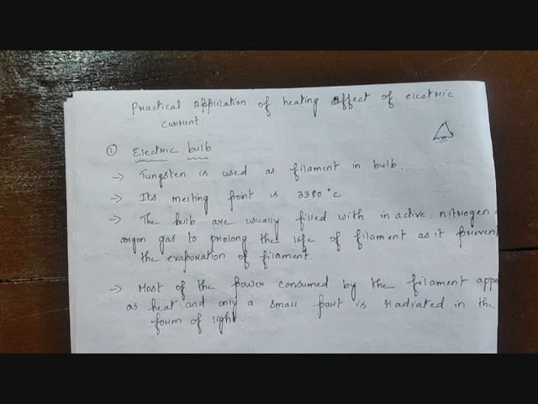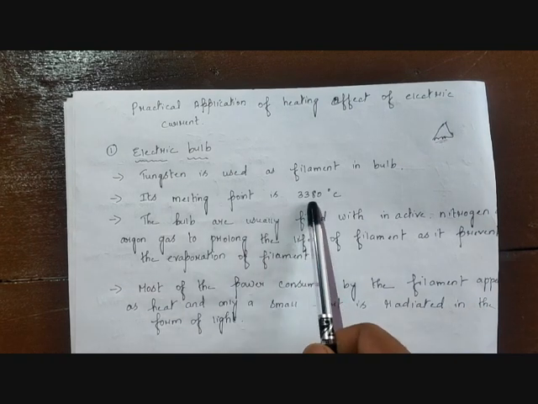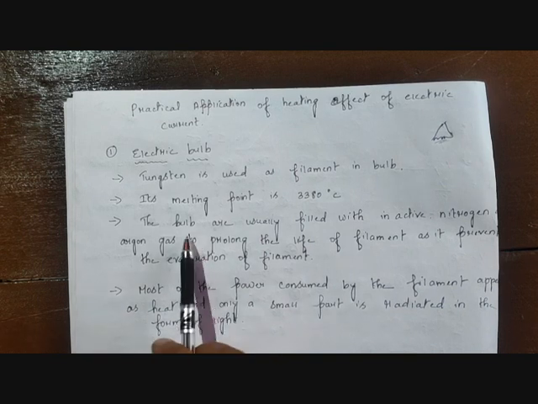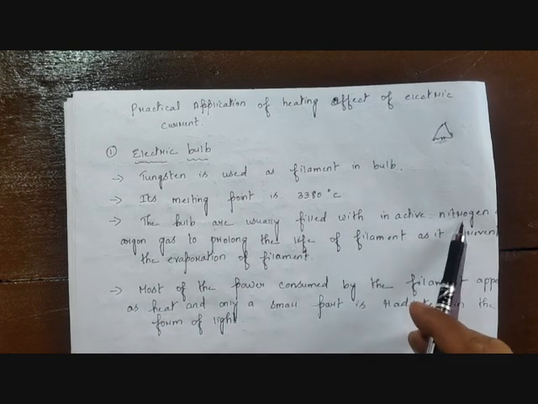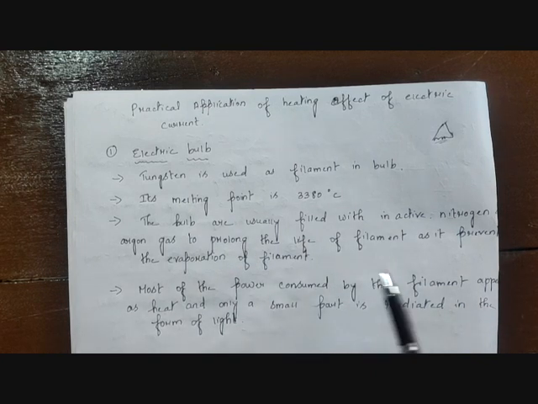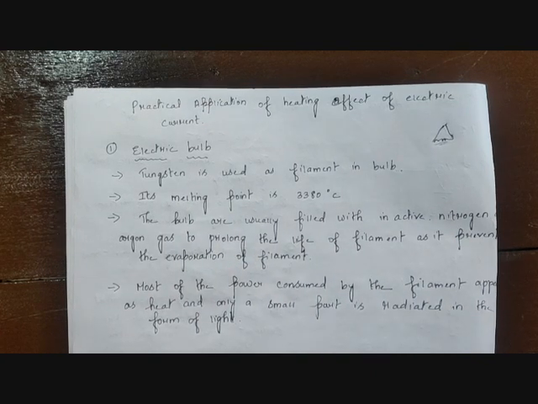That's why, students, when you switch on the bulb, it glows and the wire never melts, because its melting point is too high. The bulbs are usually filled with nitrogen or argon gas to prolong the life of the filament, as it prevents evaporation of the filament.